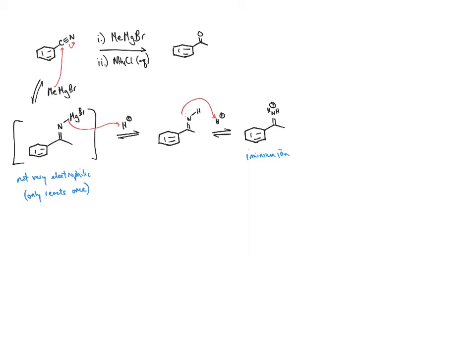And this iminium ion will react now with water and do a hydrolysis, very similarly to what we had in the case of amines and enamines. And so we're going to do a nucleophilic addition to that iminium ion. All right, and we're going to get an intermediate that looks like this.